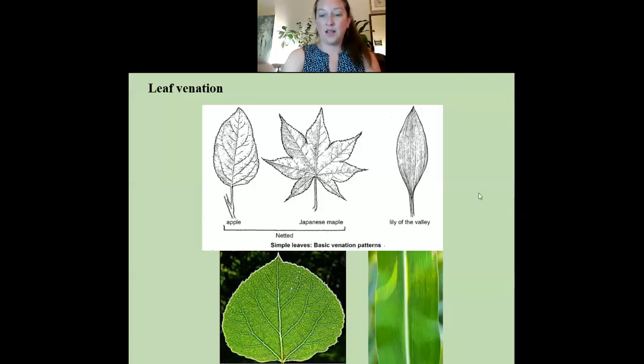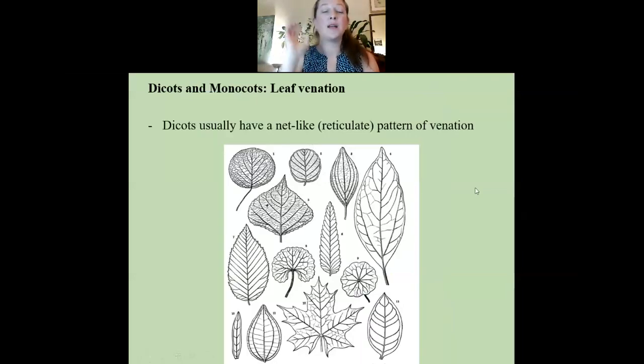All right, so remember we talked about dicots and monocots during the stem lab. We talked about how they are different. Their vascular bundles are different inside of the stem. Likewise, dicots and monocots tend to have different leaf venation. So dicots tend to have that net-like venation, and another word for net-like venation is reticulate.